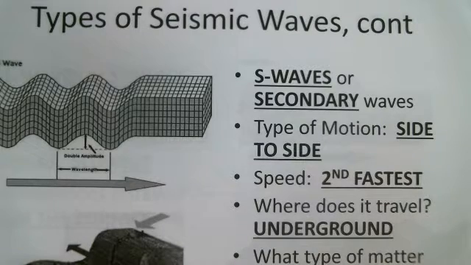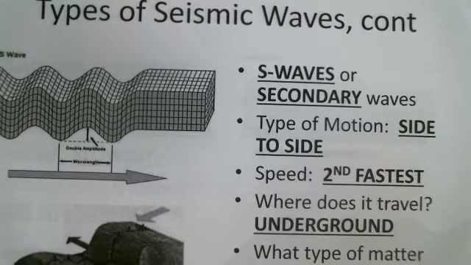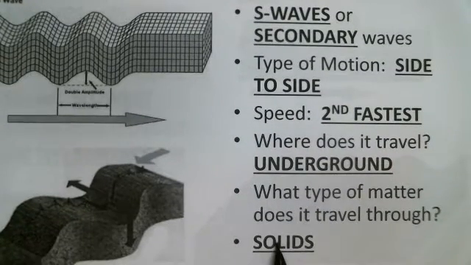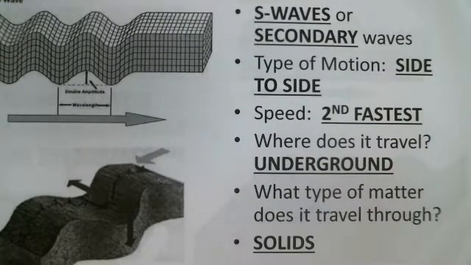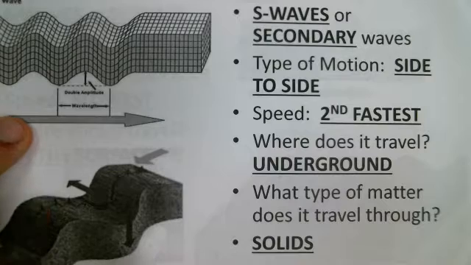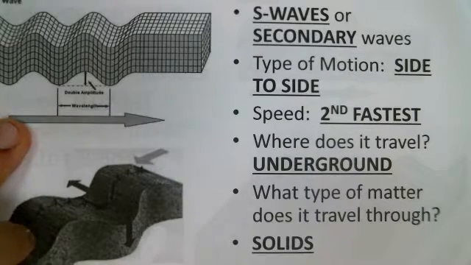It travels underground mostly, and what matter does it travel through? It travels through solids only. It cannot travel through liquids, and that's one of the reasons why we're pretty confident that the outer core of the Earth is made out of liquids, because we cannot feel the S waves from earthquakes when these S waves hit that layer of Earth.